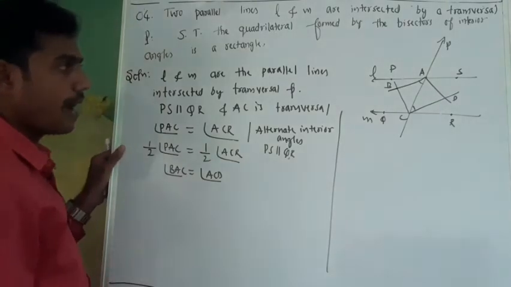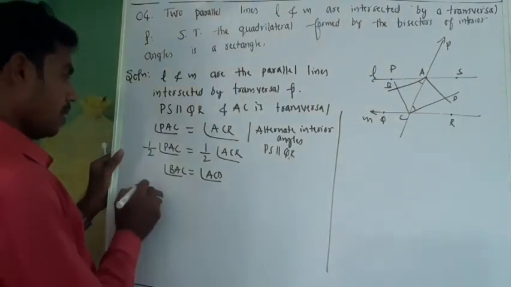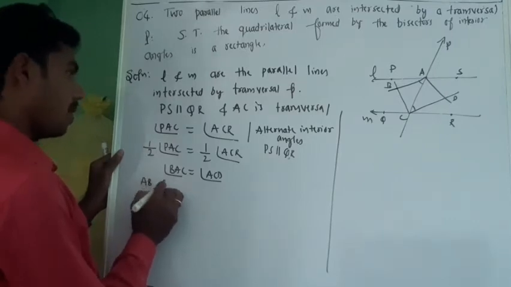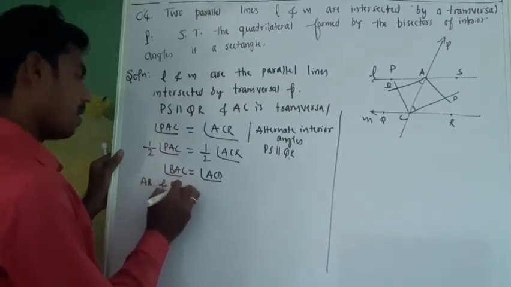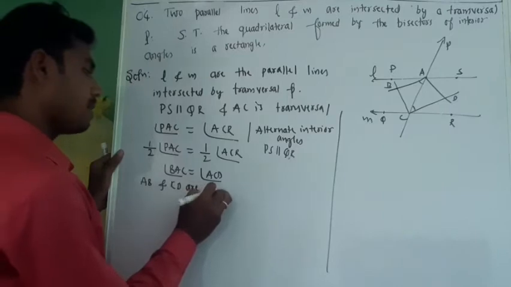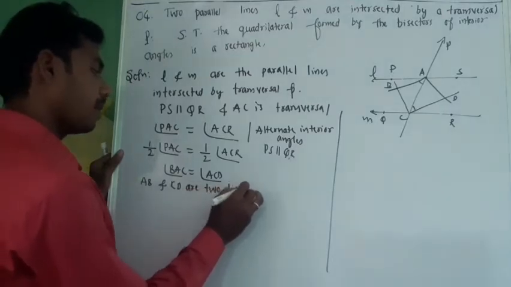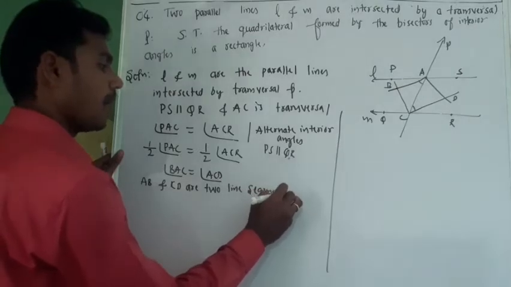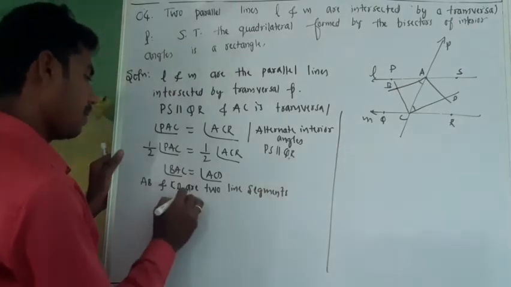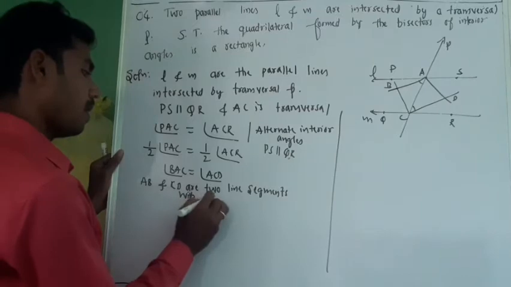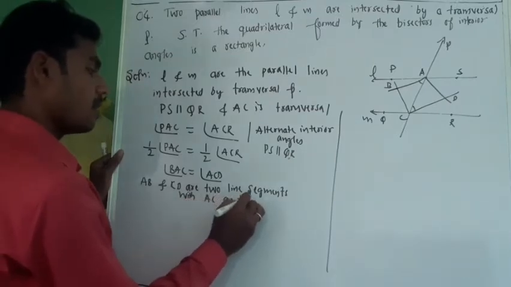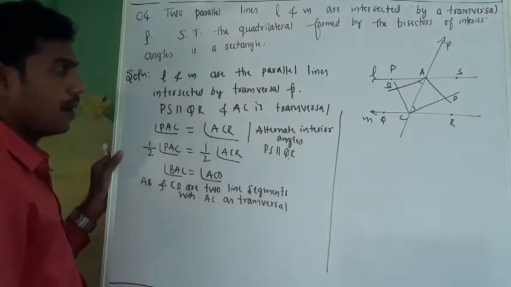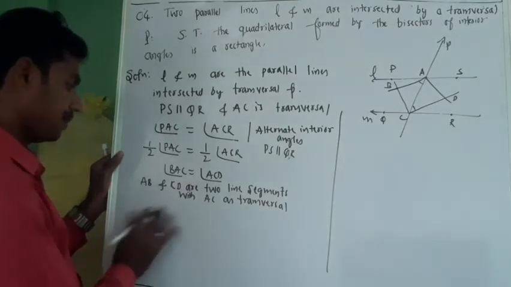Now what can I write? AB and CD are two line segments with AC as transversal. Okay, now what can I write?